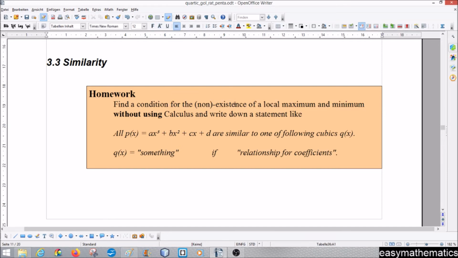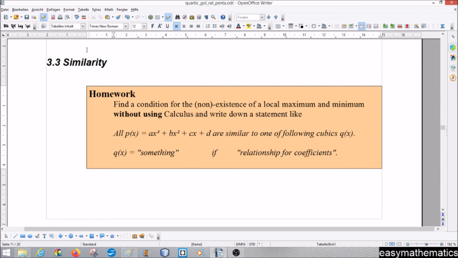if there exists a local maximum and minimum, then there is a certain equation, and if there are no local maximum and minimum over the reals, then there is a specific type of equation.